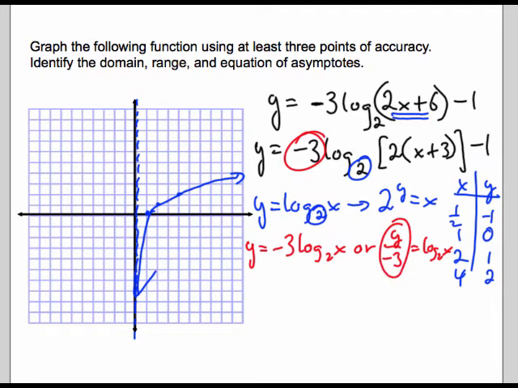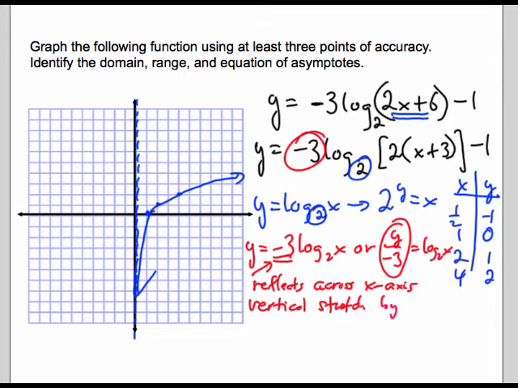So y is not being divided by -3, it's being multiplied by -3. If you just keep it in this position, it's being multiplied by -3, which does two things. The negative reflects the graph across the x-axis, and the 3 is a vertical stretch by a factor of 3.